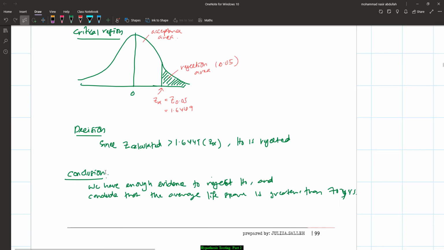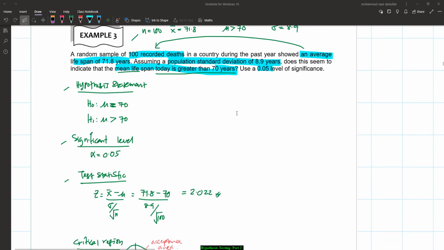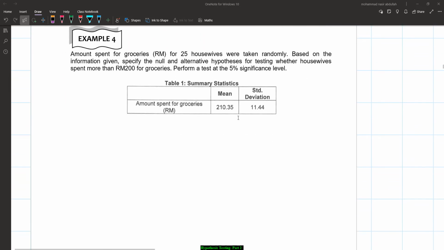So that's how we do a hypothesis test. Boleh eh? So this is very simple example lah, huh? Right? Let's move to example number 4.